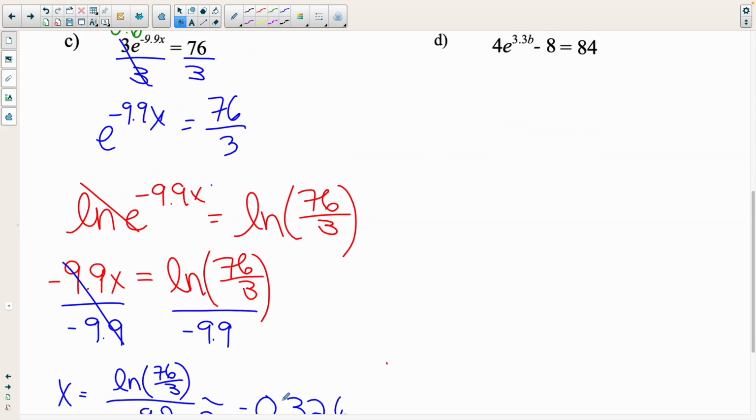All right, so go ahead and just try that last one. It does have an extra step. Remember that if you have a multi-step kind of invert operations that you have to do, always add or subtract first.